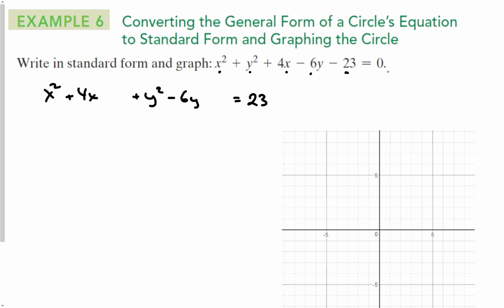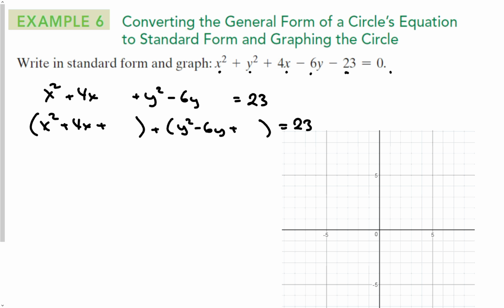And I subtracted 23 from both sides to get my new equation. Okay, and I left some spaces in the middle there, because what I'm going to do is I'm going to take x squared plus 4x plus something, and then y squared minus 6y plus something, and set it equal to 23.